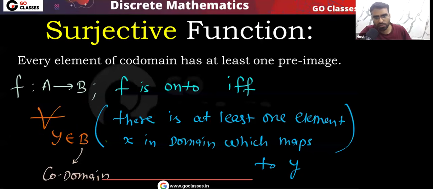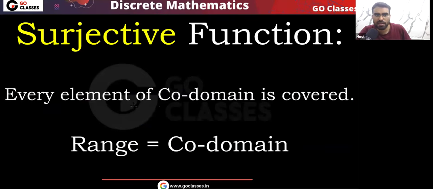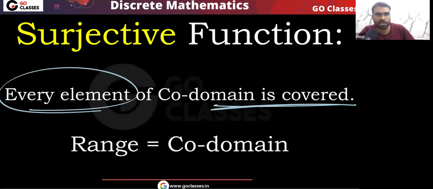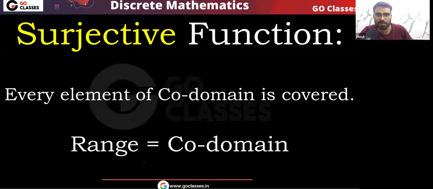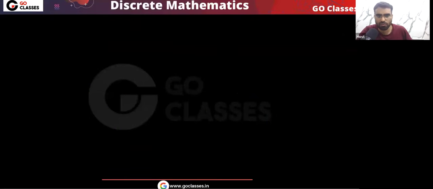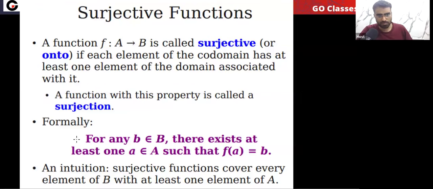So this is the definition of surjective function. It simply means that every element of the codomain must be covered, that is, range must be the same as codomain. I hope you understood.